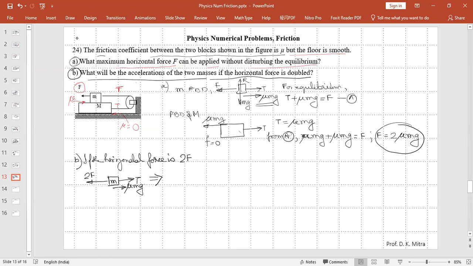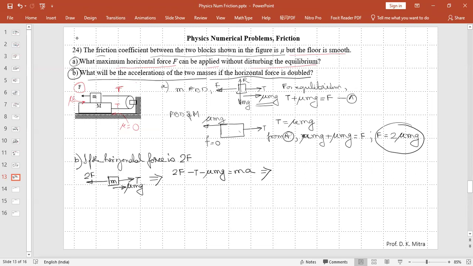So from this diagram, we can write that 2F minus T minus mu mg will be equal to mass of the body into its acceleration.